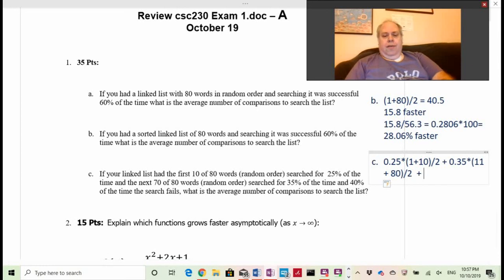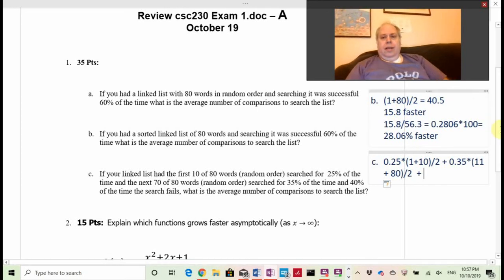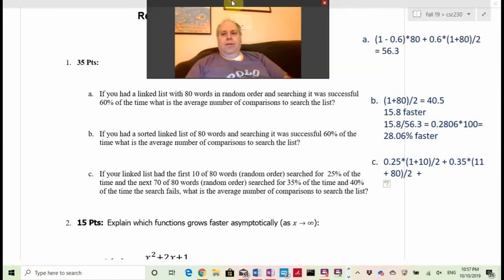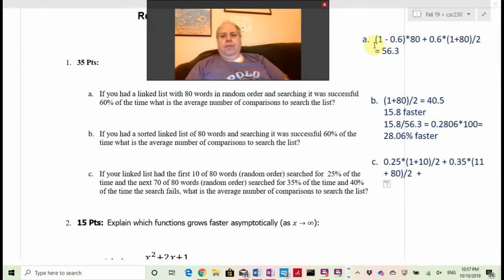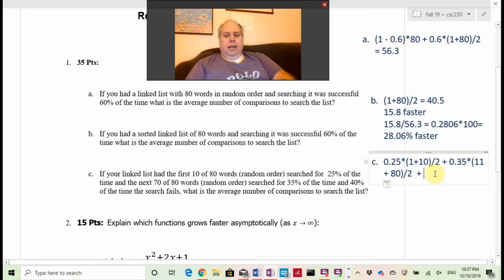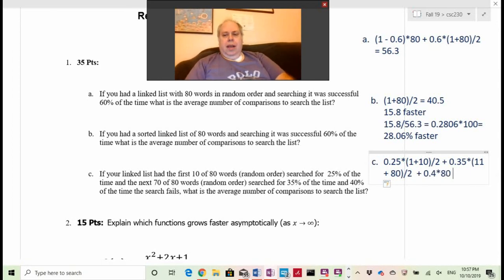The other 40% of the time, just like in question 1, it's going to take 80 searches to discover they're not in the list. So 0.4 times 80. And that's going to equal 49.3.